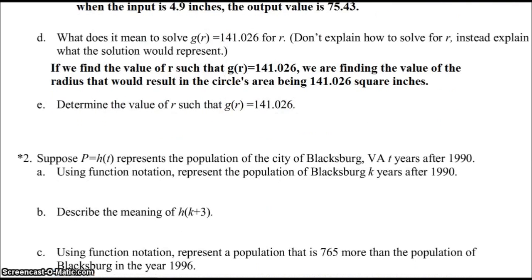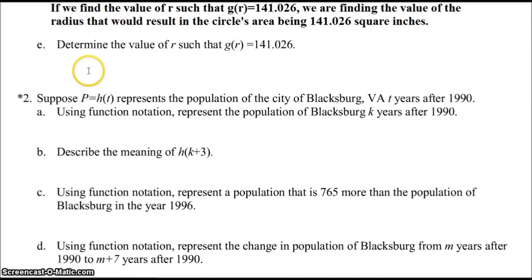So g of r equals pi r squared, and we know that g of r is 141.026. So we know that our output value, g of r, is 141.026, and that's equal to pi r squared.